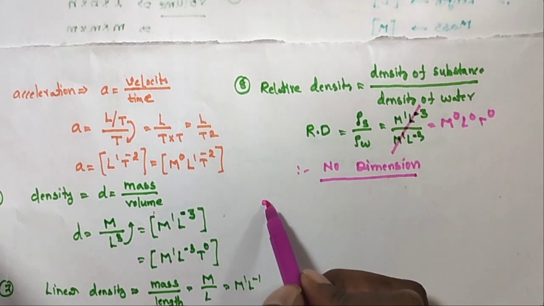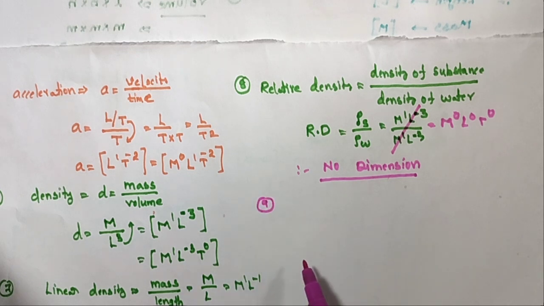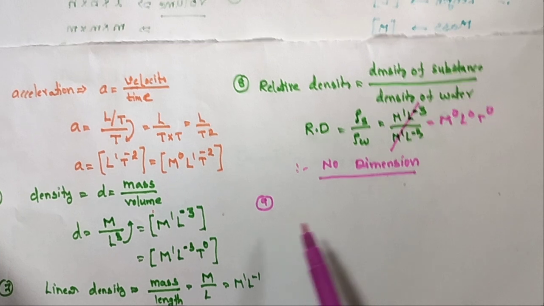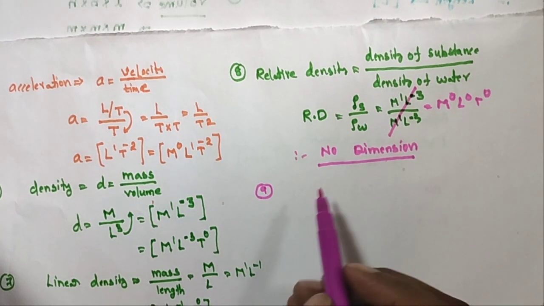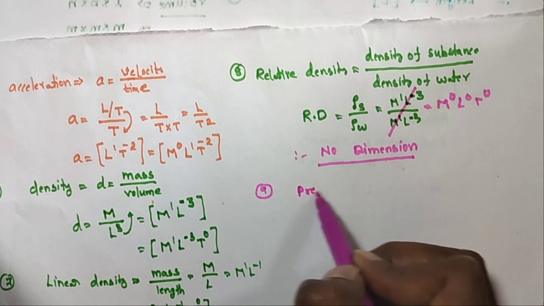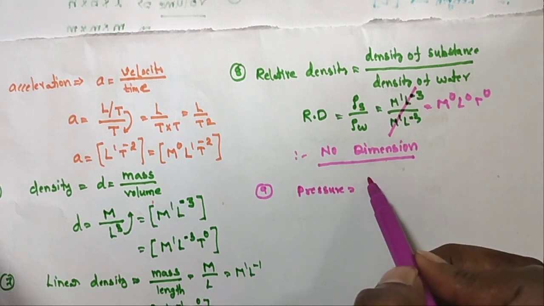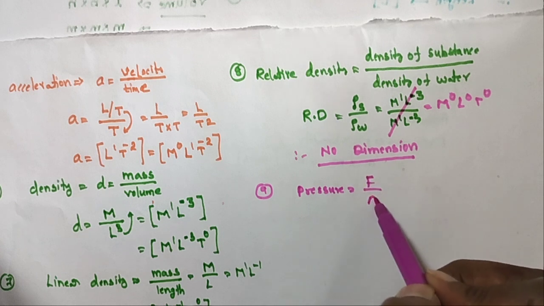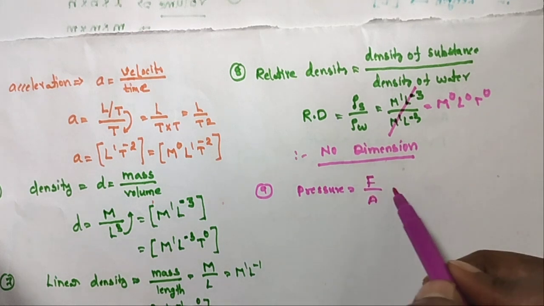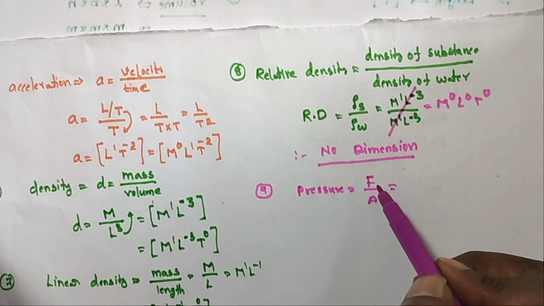So let us take another one. There are a number of examples, and it is very important. I am taking pressure. The pressure is equal to force per unit area. We know very well that force is equal to mass into acceleration.